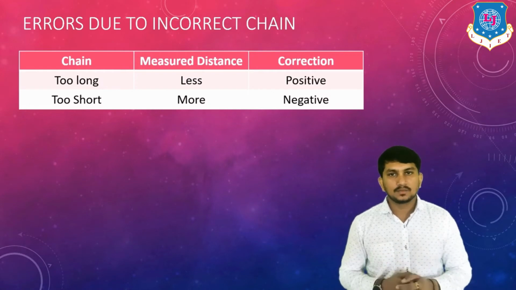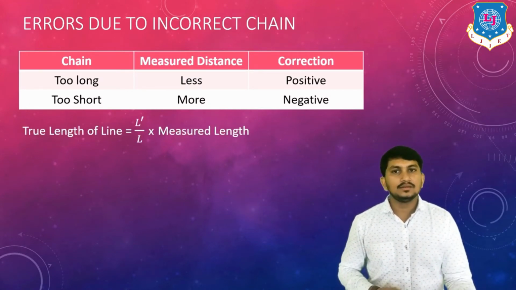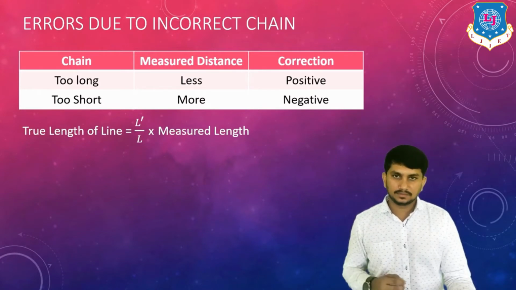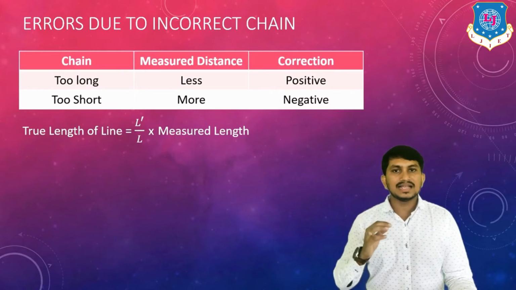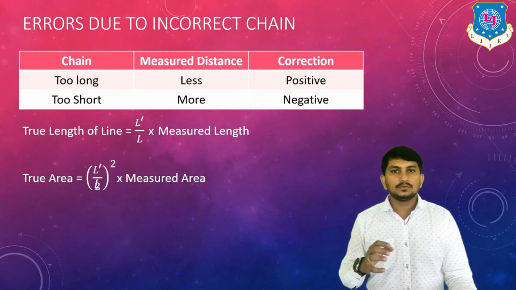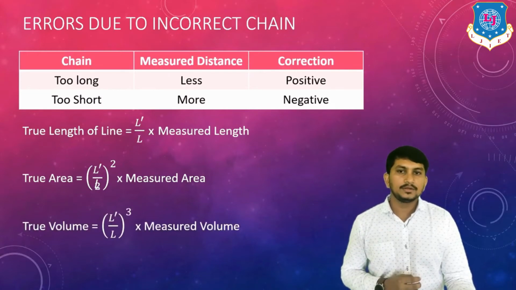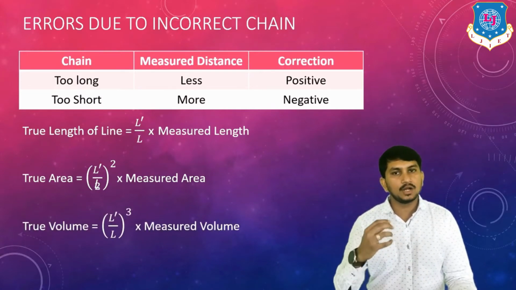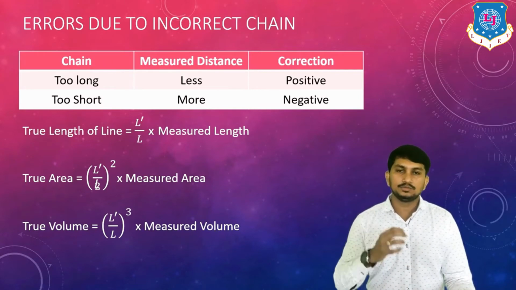To correct the work, we can use a number of formulas. For correcting the length of the line, true length of the line is equal to L dash by L into measured length. We have to multiply the measured length with L dash by L. To correct the area, we have to multiply measured area with (L dash by L) whole squared. And to find out true volume, we have to multiply measured volume with (L dash by L) cubed.